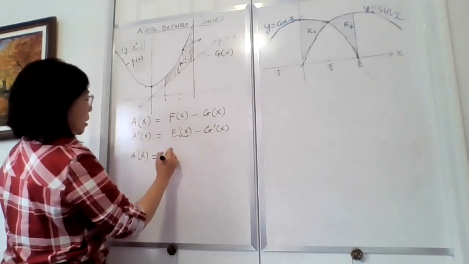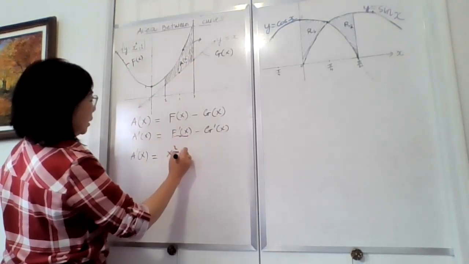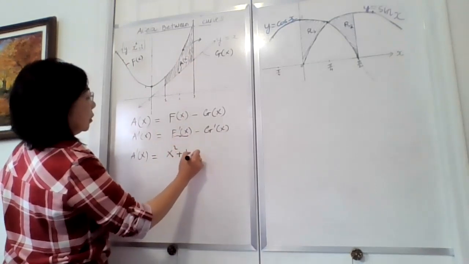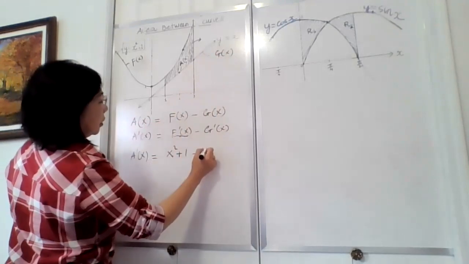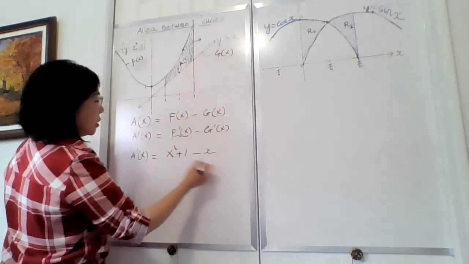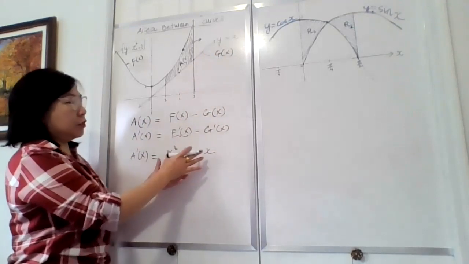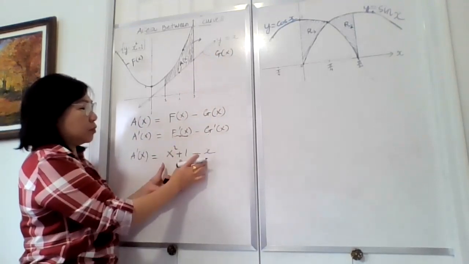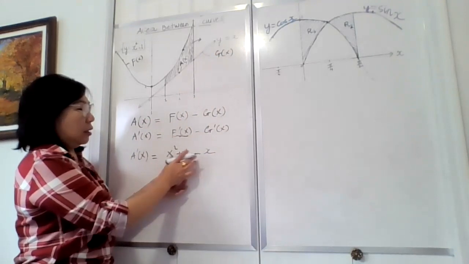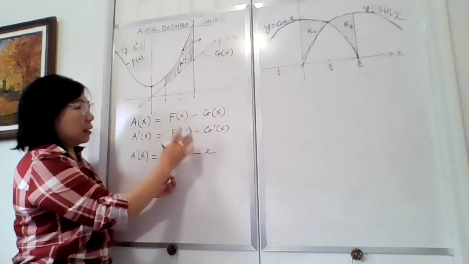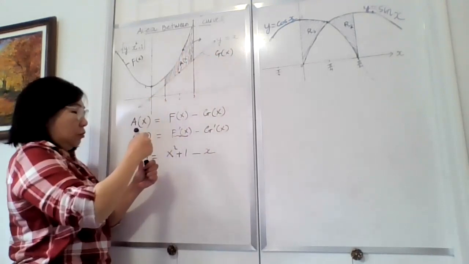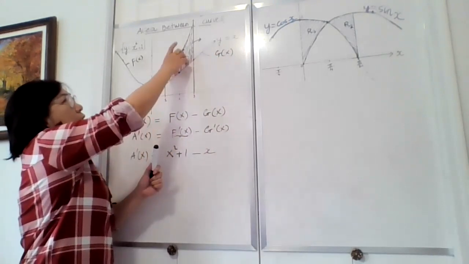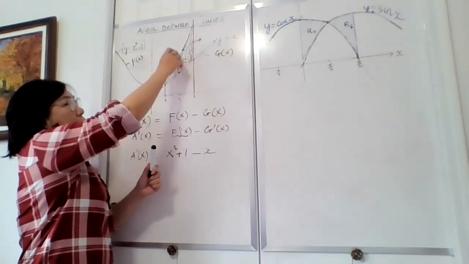So x squared plus 1 minus g of x, which is x. This is the result of these two functions subtracted from each other. And they are the derivative of the area under the curve. So the function itself is just the derivative function of the area under the curve.